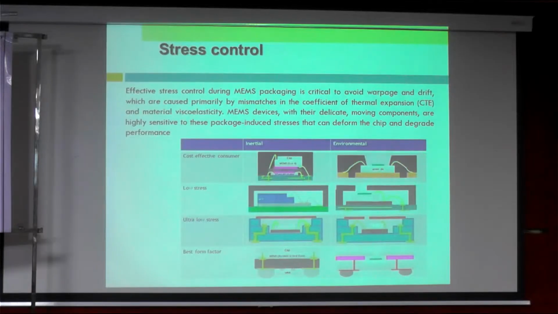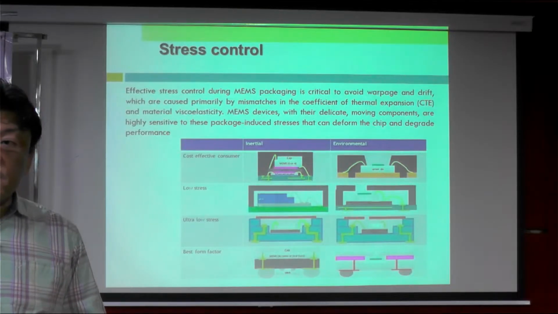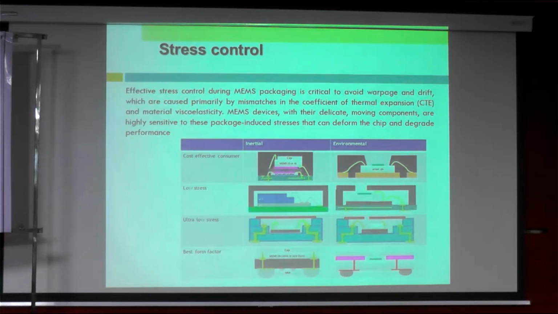So that's why in stress control design, if we cannot avoid using certain materials, or are required to use materials which differ in terms of coefficient of thermal expansion, then we might need to consider a way to release the stress if this condition happens. I mean, when the fluctuation or the operation in high temperature happens.